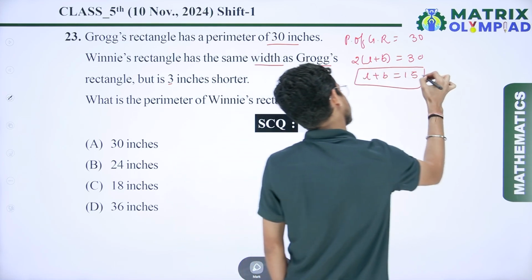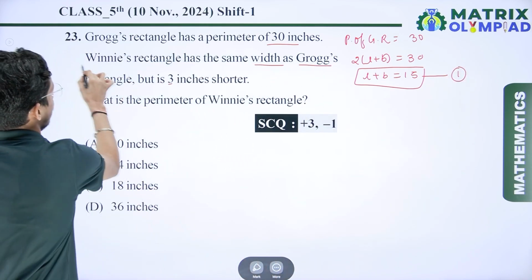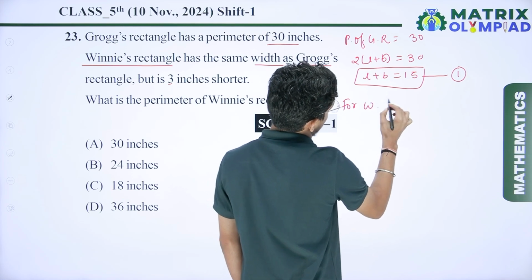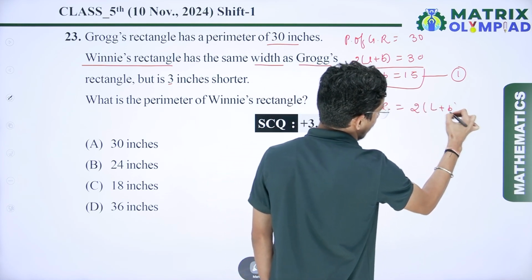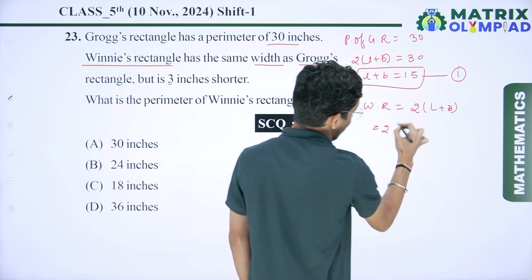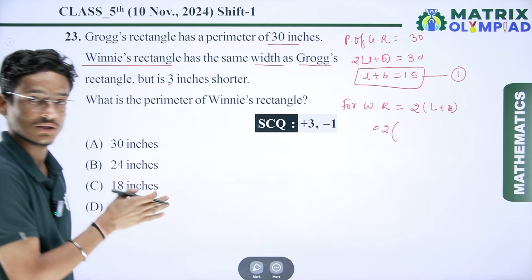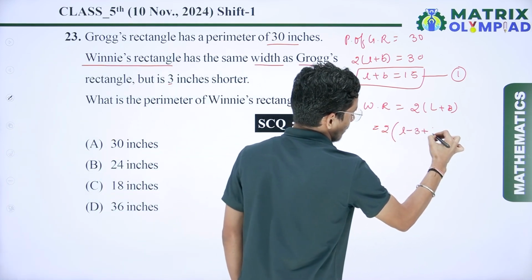This is equation number one. Now for Vinny's rectangle, we know the formula of perimeter is 2 times length plus breadth. The length is 3 inch shorter than Grogg's length, so that is L minus 3, and the breadth is the same.